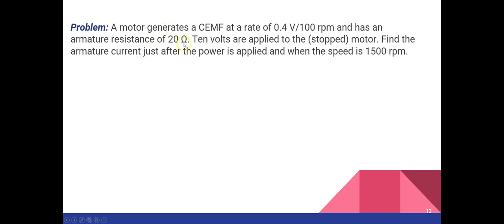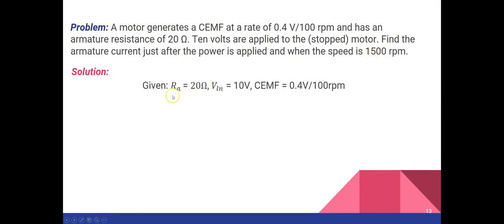So 0.4 volts of back EMF is given at 100 RPM, you have the line voltage, which is 10 volts, and you have to find the armature current when the speed is 1500 RPM. So you can find a relationship between these two, and by that you can calculate the back EMF at this RPM speed.